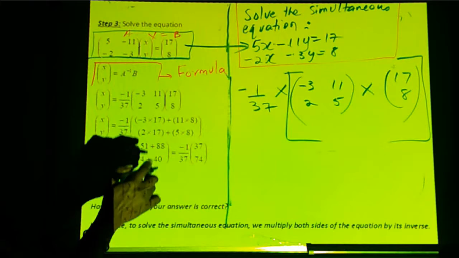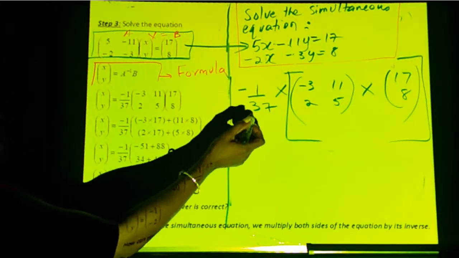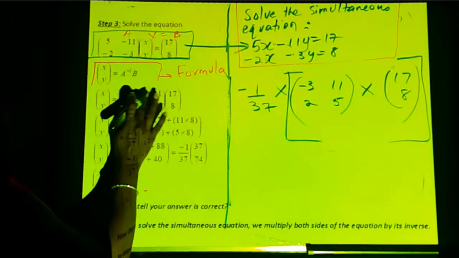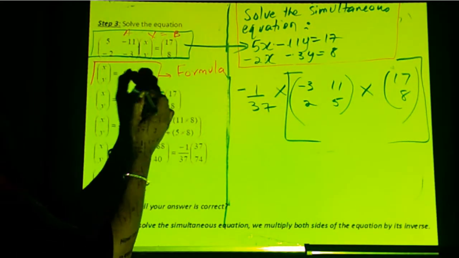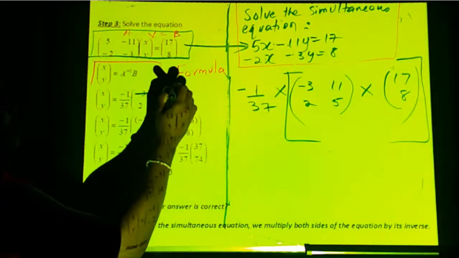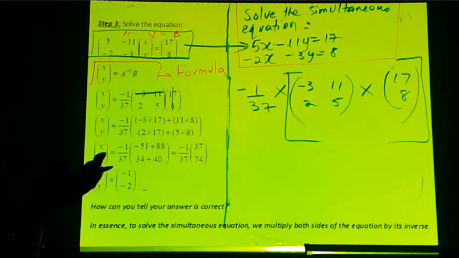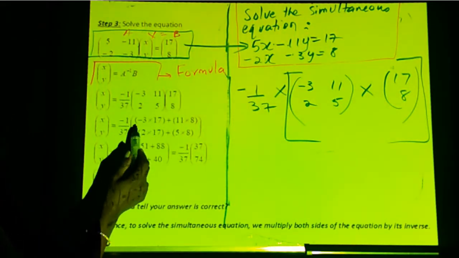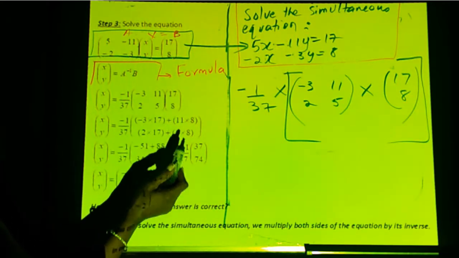Because once I get that answer, I'll simply multiply it by the fraction, negative 1 over 37. And let's go row by column. And I'm using arrows this time. So that's row 1 times column 1, one column really. So negative 3 times 11 first with first, plus 11 times 8, second with second.